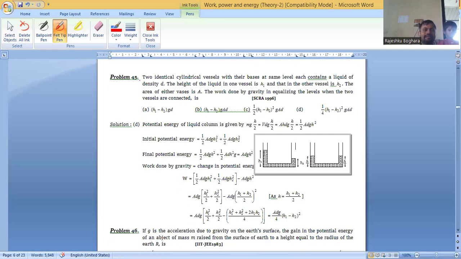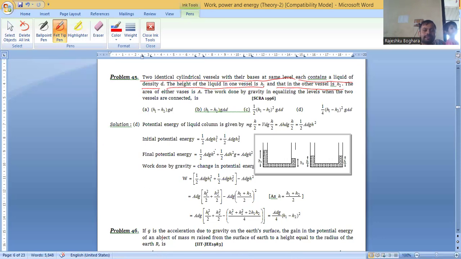Next. Two identical cylindrical vessels with their bases at the same level each contain a liquid of density D. The height of the liquid in one vessel is H1 and in the other vessel is H2.